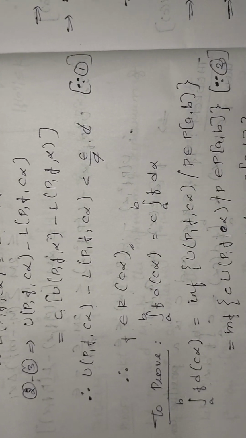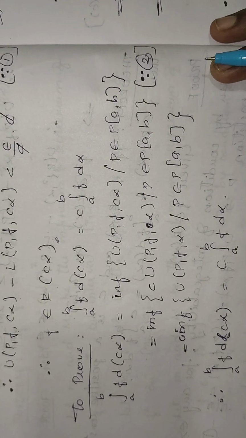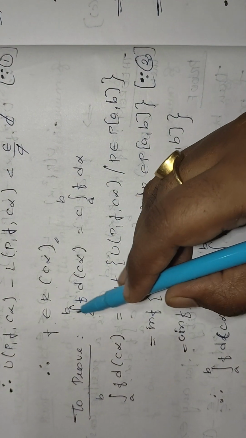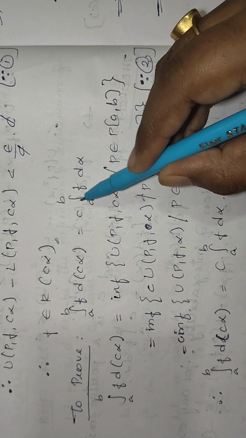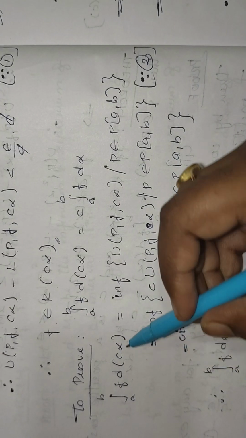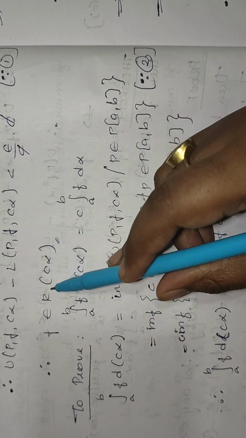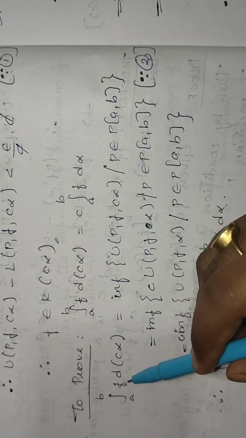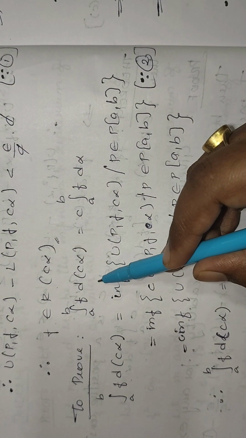And now moving on to the second part. To prove that the integral from a to b of f d(c alpha) is equal to c into the integral from a to b of f d alpha. Here, since f belongs to R of c alpha, this integral is equal to the upper Riemann integral.